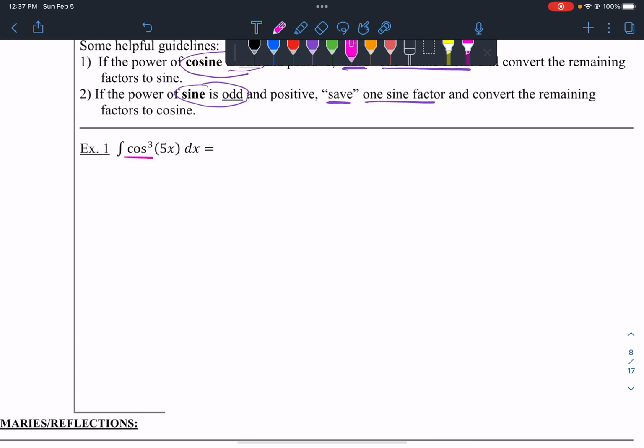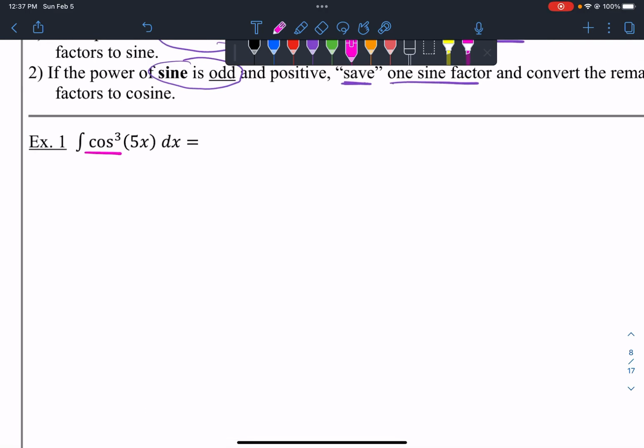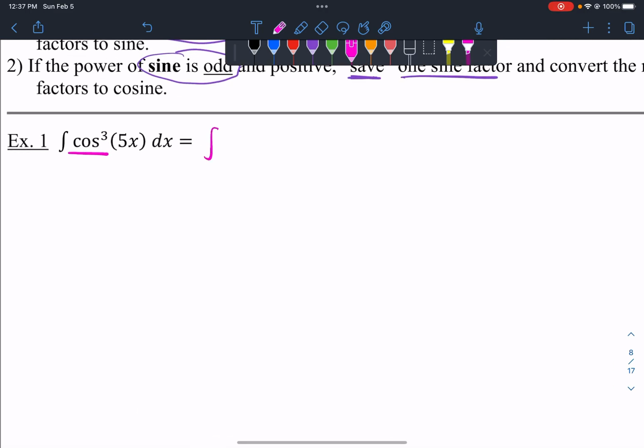Notice that cosine is cubed. I don't know how to integrate that by itself, but what I can do is break it up into pieces. So I can rewrite this as cosine squared of 5x times cosine of 5x. Now the cosine of 5x is the piece that I want to save. I know that the derivative of sine is cosine, and the derivative of cosine is negative sine.